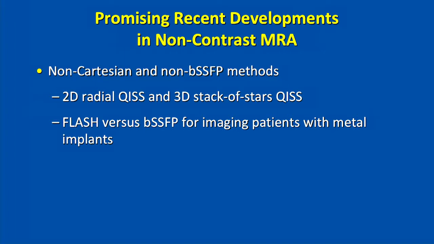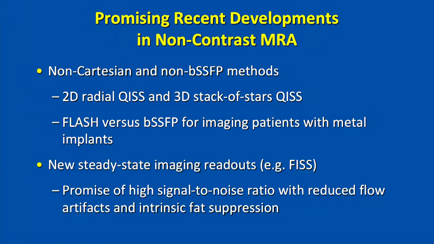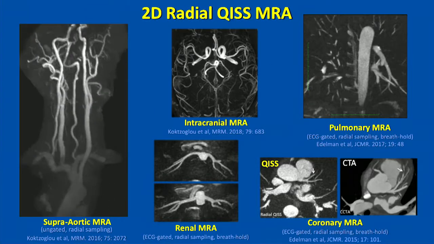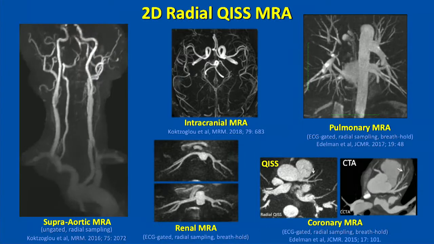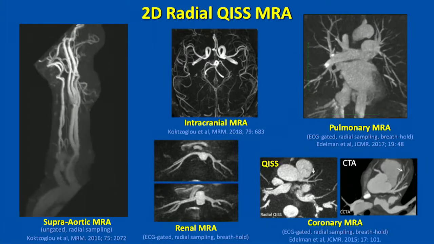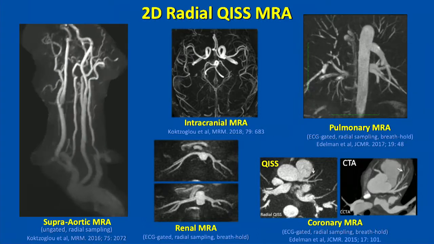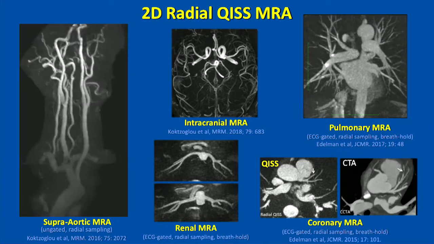Also the use of flash instead of balanced steady-state free precession imaging sequences for imaging patients with metallic implants, as well as the potential of new steady-state imaging readouts that promise high signal-to-noise ratio with reduced flow artifacts and intrinsic fat suppression. So here are some examples of 2D radial KISS MRA. The image on the right, actually in the pulmonary arteries, is radial true FISP, where we can see very nice image quality, all without the use of contrast media.